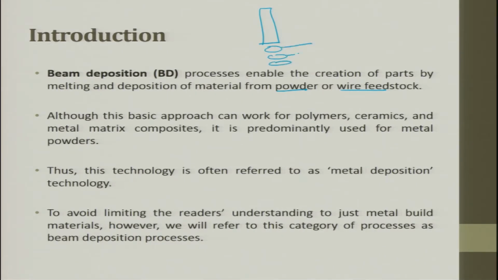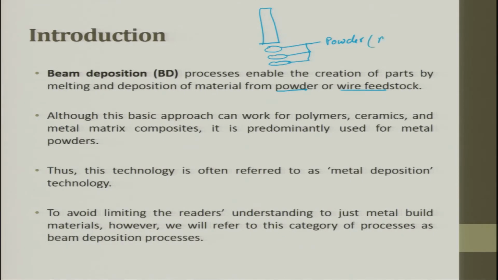For analogy's sake, you can call these droplets powder. The wire, when you apply heat, melts, and when it melts, it forms small droplets. These droplets are nothing but powders. You can either call it wire converted into powder, or we can directly take powder.